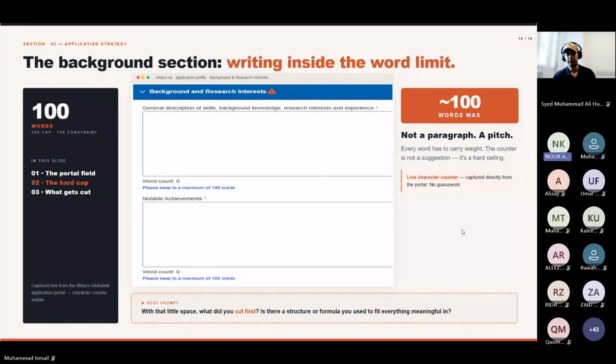What Ali said, I also had it in bullet form, just like my seniors told me. And in my background knowledge and research interests, I tried to use the exact same keywords as my projects, like natural language processing, computer vision, so it shows up in their search.